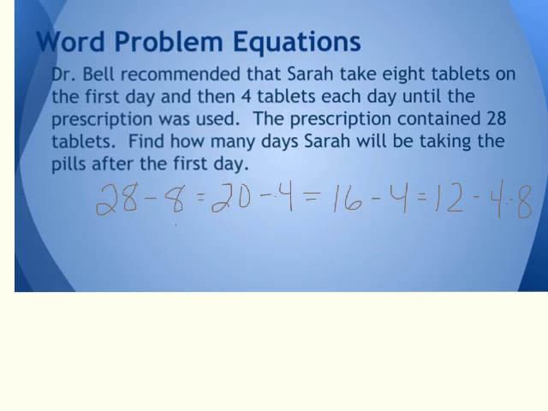And I just counted up how many things I subtracted away. That would tell me how many days. But that is no longer our strategy because now we have to set up and solve an equation. But I don't think it's a bad strategy if your instinct is to solve it that way, to use that as a way to check what you get when you set up and solve an equation.